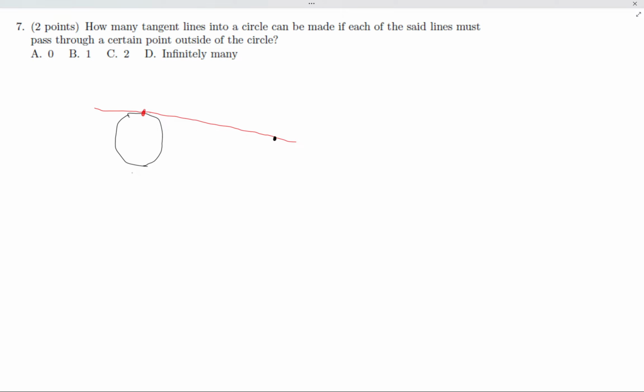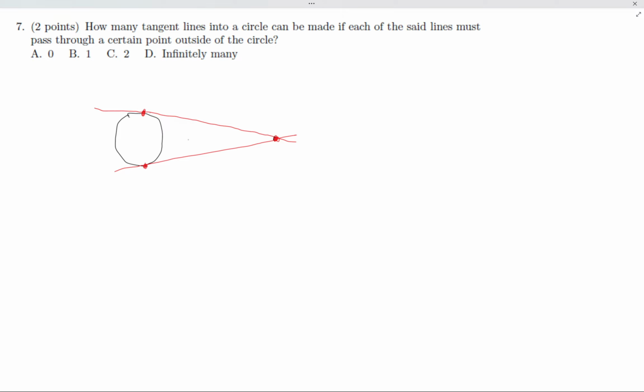Now the only option for us is to go in the other direction, and that other direction is this tangent line right there. So now we can only do 2 tangent lines if we require those tangent lines to pass through the point outside of our circle.